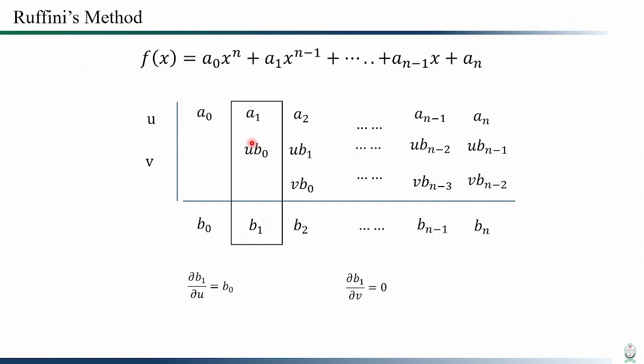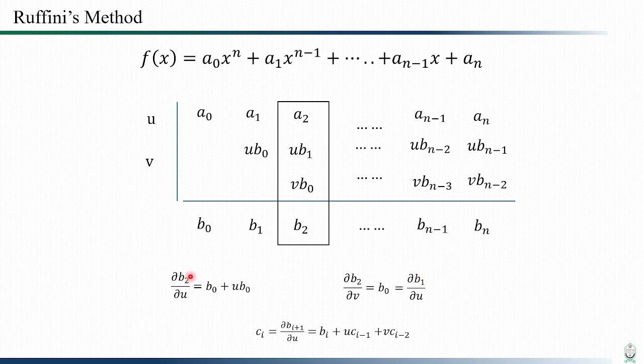There is some change with respect to u, that is b0. And is there any change with respect to v? No, there is no change with respect to v, which is 0. Why are we doing this? Because this is important. We will have to fill the gaps or find a pattern to keep our calculation going.